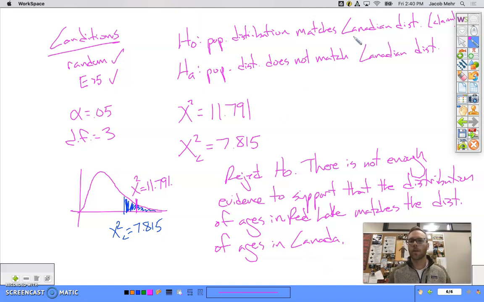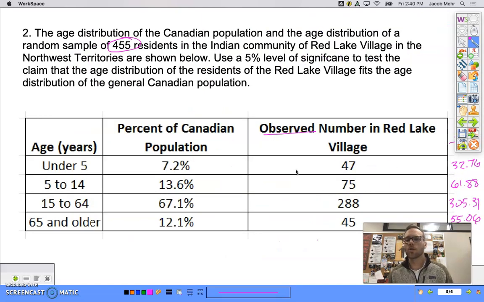Okay, so not enough evidence to support the claim that the distribution matches. So we would say there is enough evidence to support the claim that it does not match. Okay, the age distribution in Red Lake is different than that in general Canada.